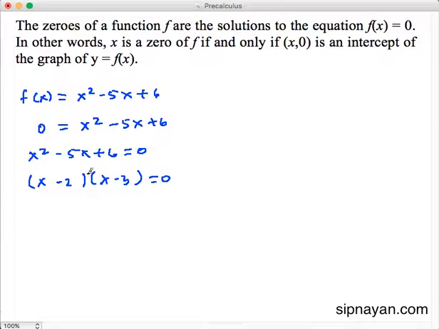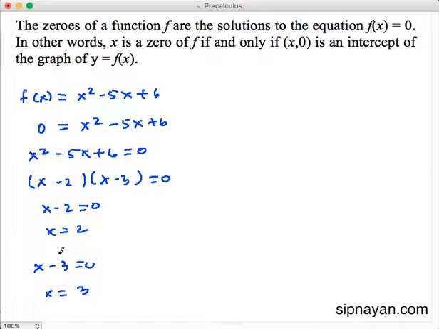And this will become 0 if one of them, this or this, is 0. So the first one is x minus 2 equals 0, x equals 2. This will become 0 if x equals 2 because 2 minus 2 is 0 times any number here is equal to 0. Also, x minus 3 is equal to 0, x equals 3.